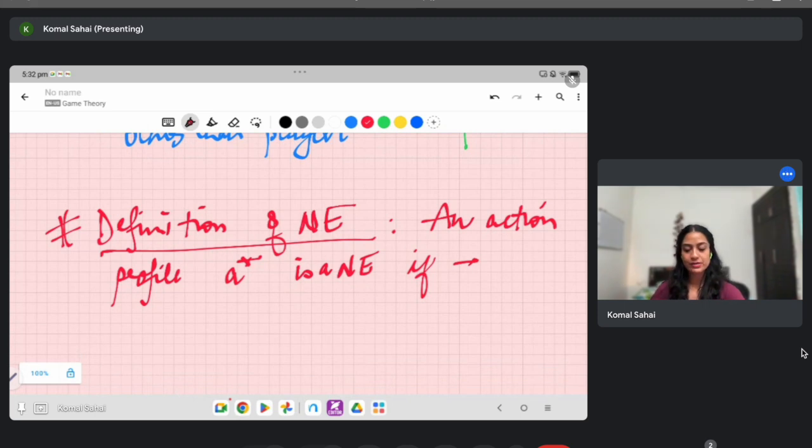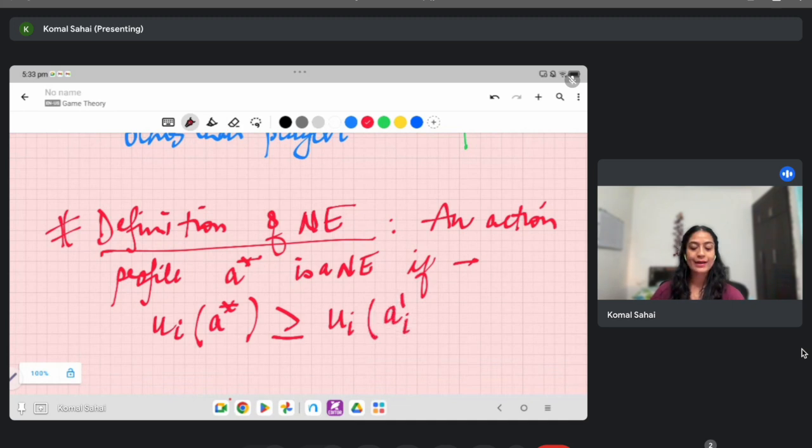Okay? So what we have is that if the utility that player I gets from A star, मतलब from the action that has been assigned to it under the action profile A star, is at least as much as, strict inequality जरूरी नहीं है, at least as much as the utility that player I gets from choosing any other action AI prime, that does not belong to A star, है ना, क्योंकि ये दूसरा action profile.